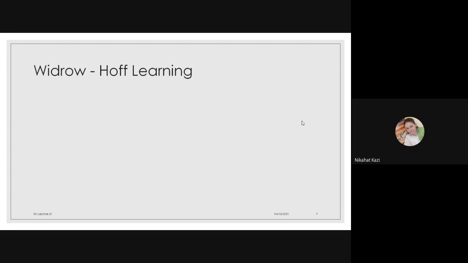So the next type of learning is Widrow-Hoff learning. Now, what is this Widrow-Hoff learning? Widrow-Hoff learning actually came into the picture before the delta learning rule was conceptualized. It was suggested by Widrow and Hoff, these two scientists.